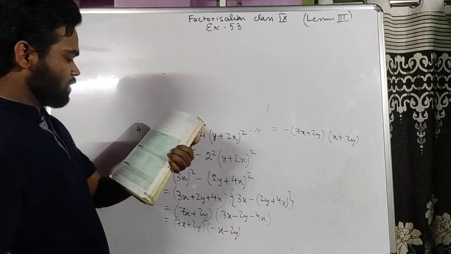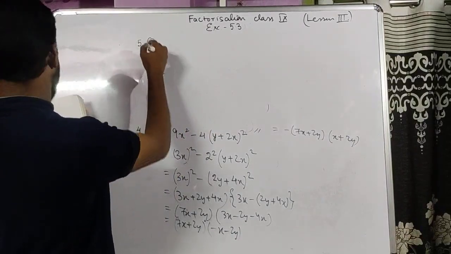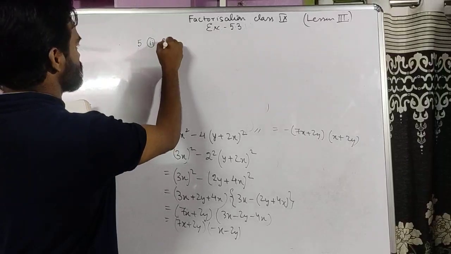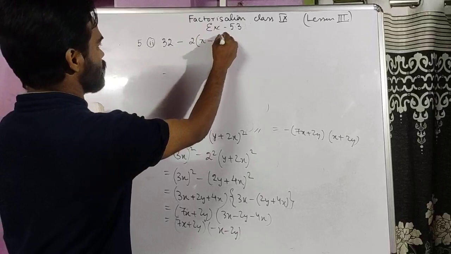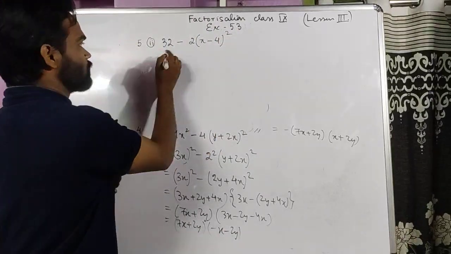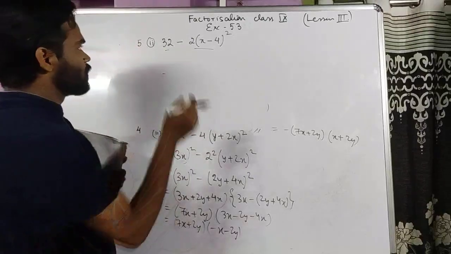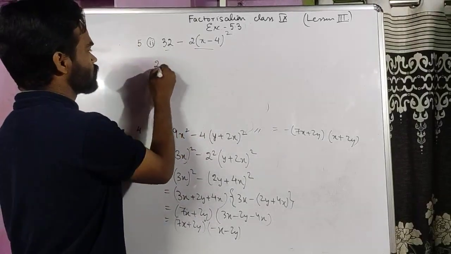Now I'll solve sum number 5 part 2. This is 32 minus 2 times x minus 4 whole square. Now if you look carefully in these two terms, 2 is the HCF, or 2 is common, so we'll take 2 common.